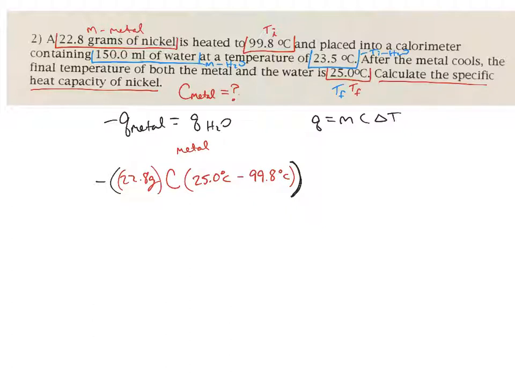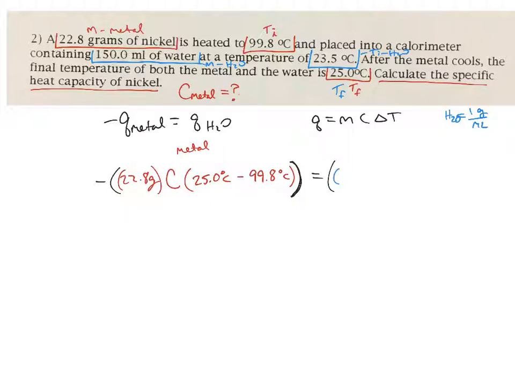This is going to equal Q for the water, okay? So let's start that. Q for the water, let's see, the mass is 150 milliliters, and we know that the density of water, H2O, is 1 gram per milliliter. So if we have 150 milliliters, that means we have 150 grams.